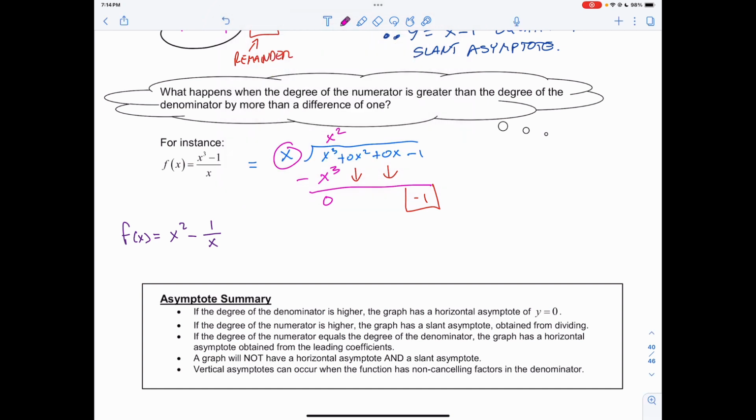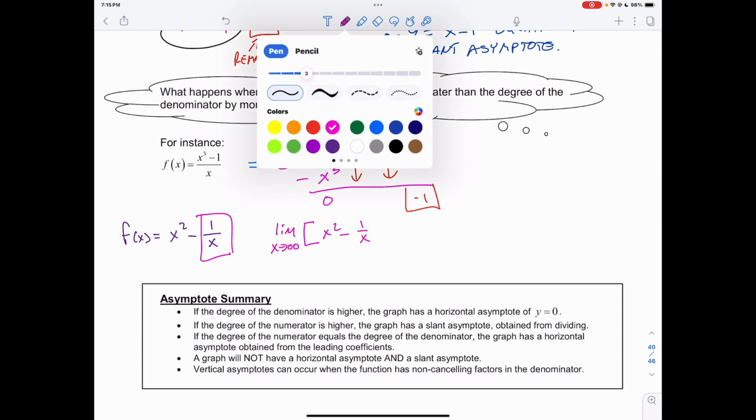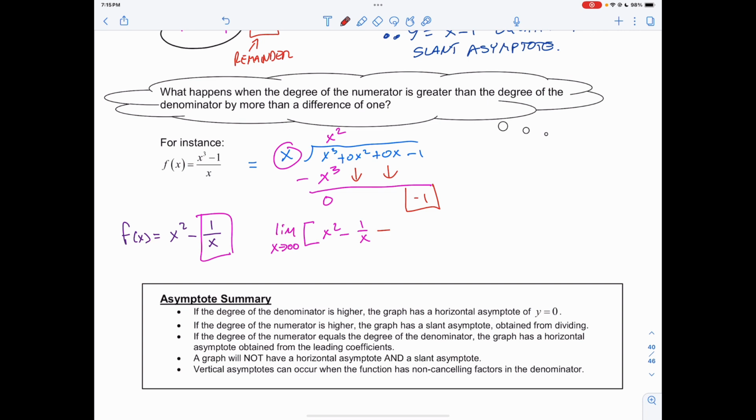Well, using that limit as approach 0, this is the piece that is going to approach 0 as I shoot off to infinity. So if I take the limit as x approaches infinity and I want to make it equal 0 for x squared minus 1 over x, then I would have to take away an x squared in this case.